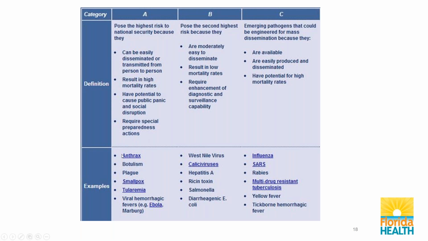So for Category A, it's really important that you know all of the pathogens in Category A because they will ask you which of the following pathogens is a Category A pathogen, and they may put hepatitis A, ricin toxin, salmonella, and tularemia, and you know that they could all be bioterrorism agents, but if you're not sure which category they're assigned to, unfortunately, those are the kind of questions where, yes, you can try to use what you know about the pathogens to figure out which category they would be classified into.